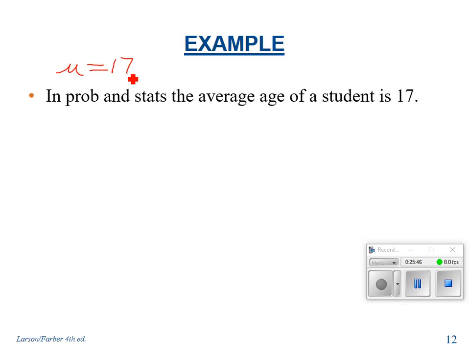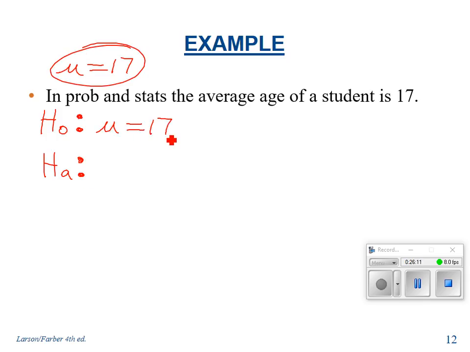When we go to write the null hypothesis, the H0, and the HA, the alternative hypothesis, remember, the null has got to have the equal to in it, or the less than or equal to, or greater than or equal to. So this is going to be our null hypothesis this time. So mu equals 17. What would my alternative hypothesis be?